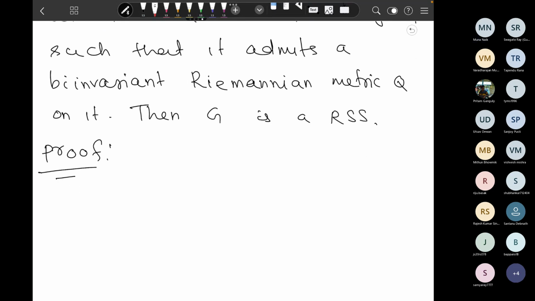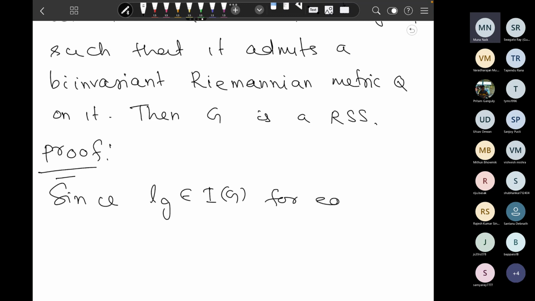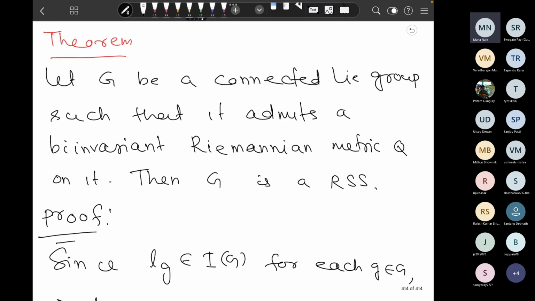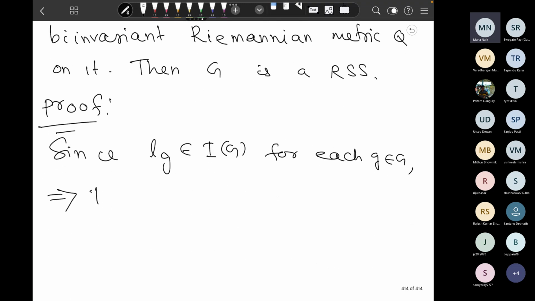So first observe that L_g belongs to the isometry group of G for each g belonging to G. Therefore, because I am assuming that G admits a bi-invariant Riemannian metric, this implies I(G) acts transitively on G.